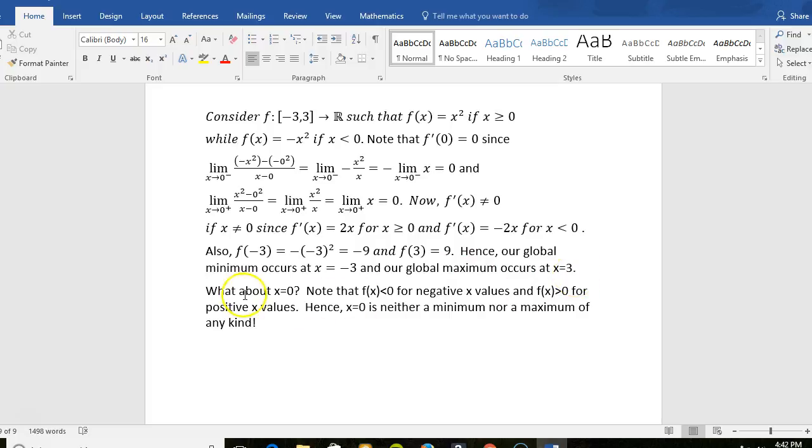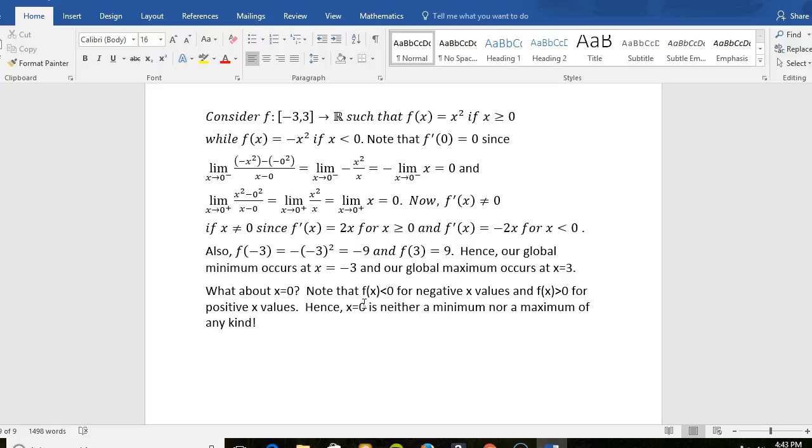Okay, but what about x equals 0? Uh-oh. So guys, it's not a min or max. Note that x equals 0 was a critical point. You know, f prime of 0 did equal 0, but we didn't have a min or a max. It's what some people call a saddle point.